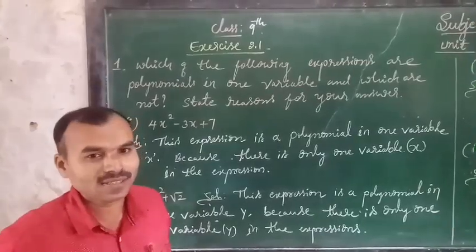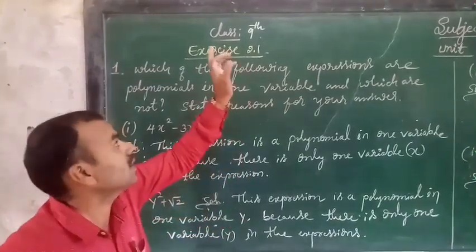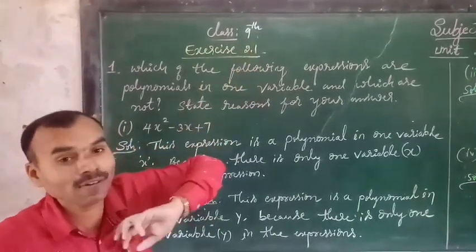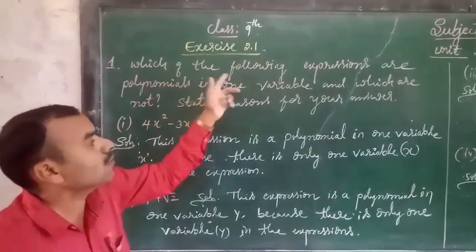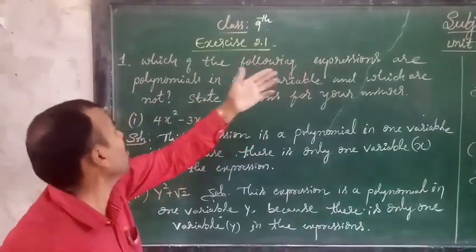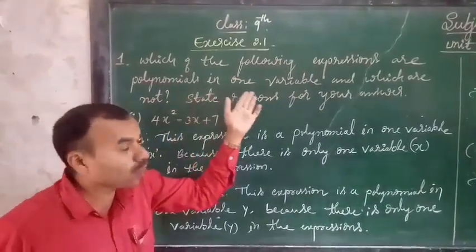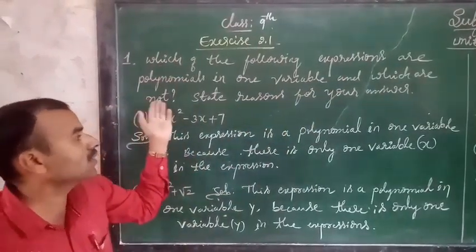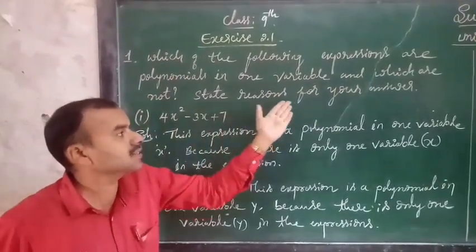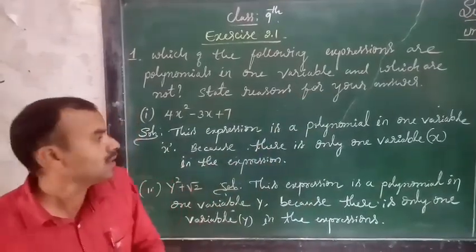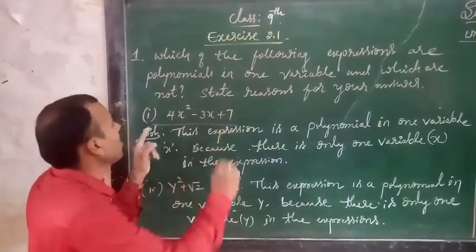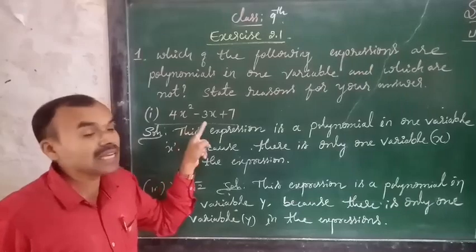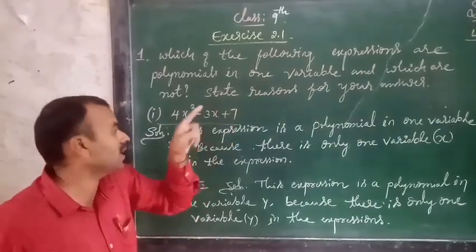Okay dear students, now we discuss the exercise 2.1. Which of the following expressions are polynomials in one variable and which are not? State reasons for your answer. First problem, 4x square minus 3x plus 7.